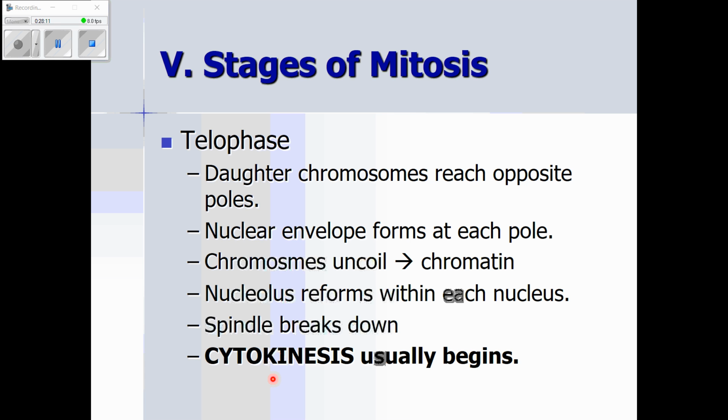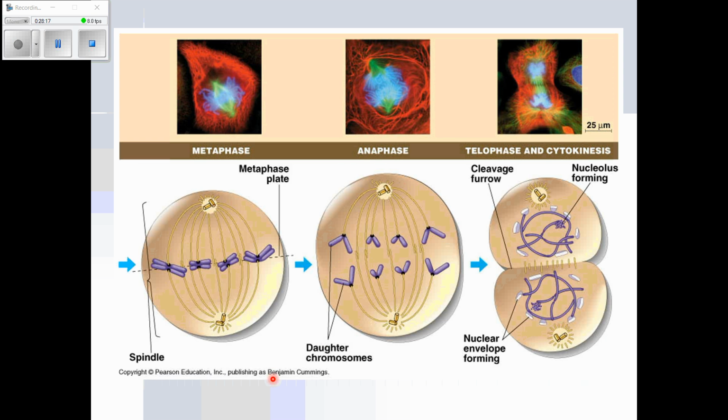Cytokinesis, the physical splitting of the whole cell, usually begins during telophase. I say usually. Sometimes in anaphase, you'll start to see a little bit of a folding in on either side, but it definitely becomes more pronounced. You see that this cell has started to pinch inward here and here. We call that pinching inward a cleavage furrow.